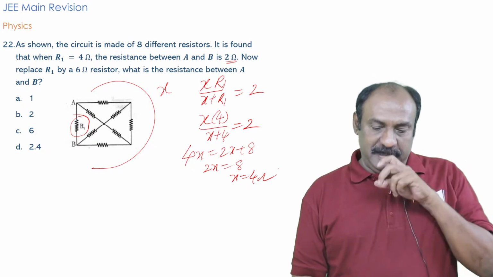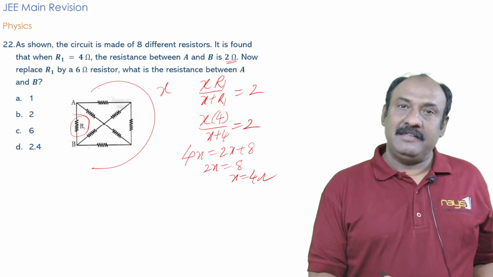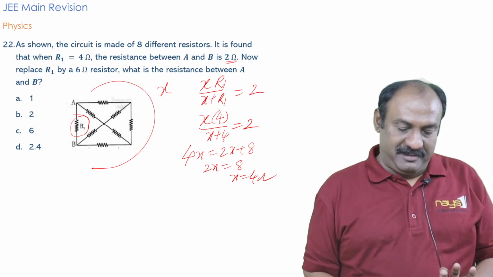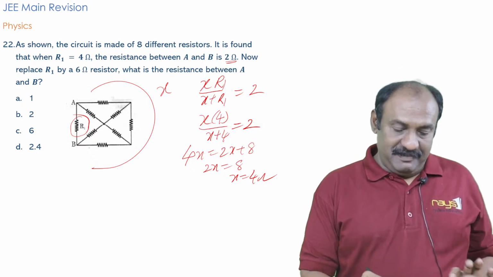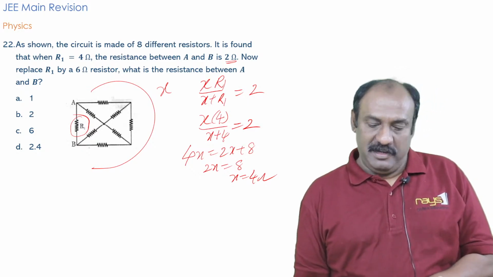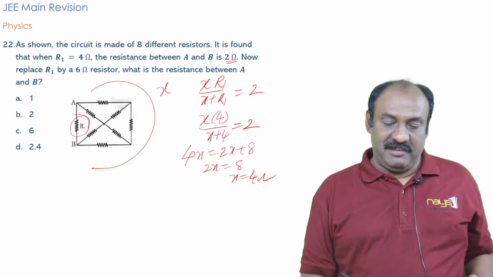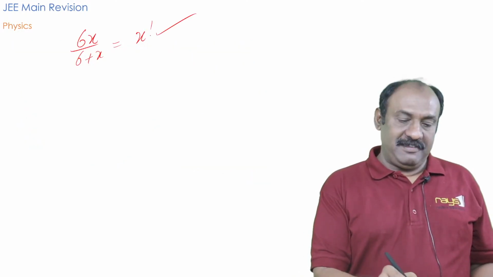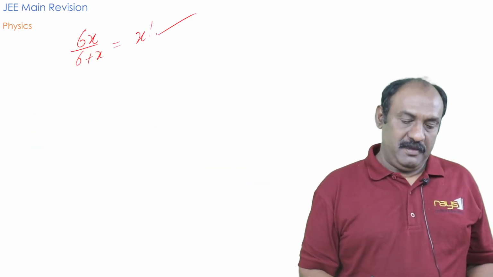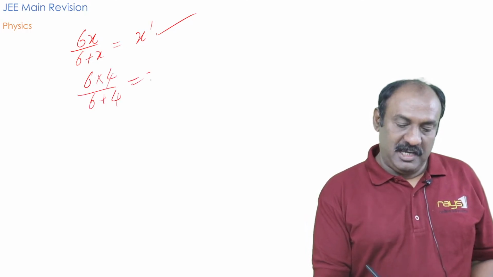So from the first sentence of the given data, I calculated the resistance of the remaining circuit except R1 as 4 ohm. This 4 ohm connected in parallel to R1 gives an effective resistance of 2 ohm. If R1 is replaced by 6 ohm, then 6 into 4 by 6 plus 4 equals X dash.